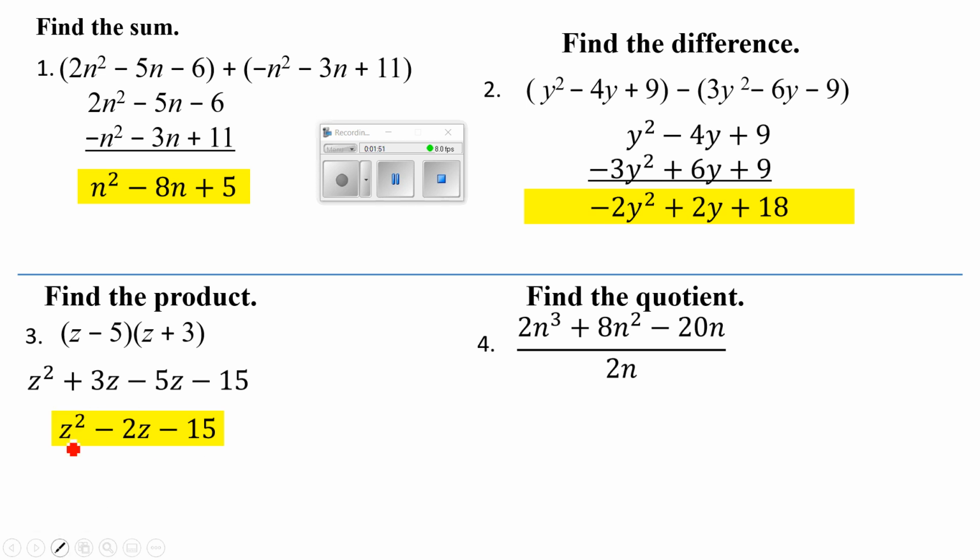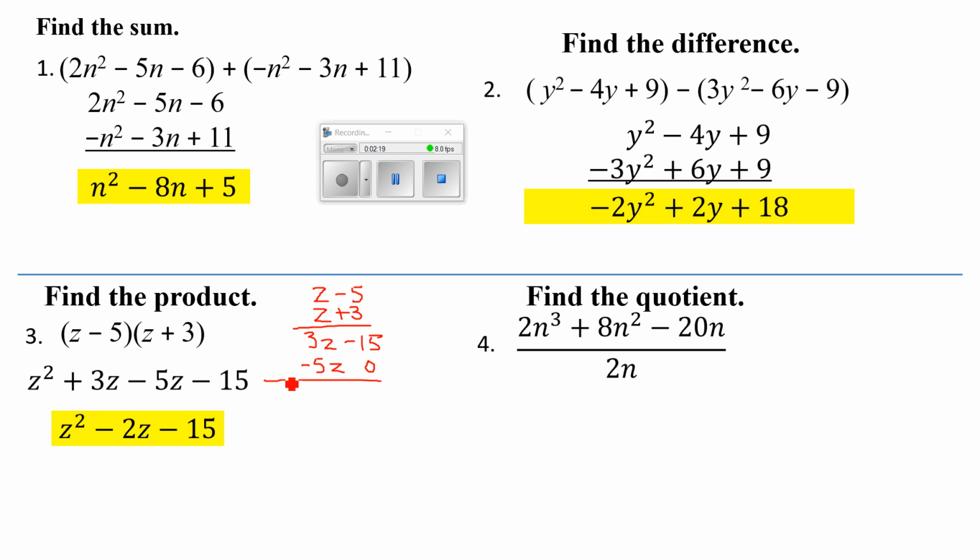Could you have done this like a multiplication problem? Yes, you could have. You could have taken z minus 5 and put z plus 3 underneath it. You could have multiplied negative 5 times 3 to give you negative 15. You could have taken 3 times z, and that would have given you 3z. You put a 0 over here in the first spot. Then z times negative 5, that's negative 5z.